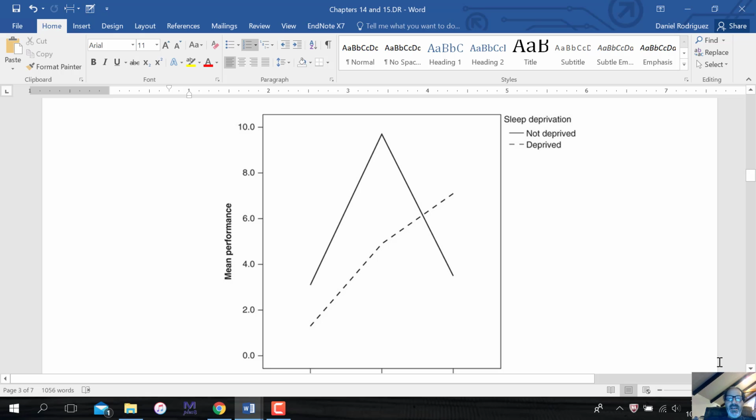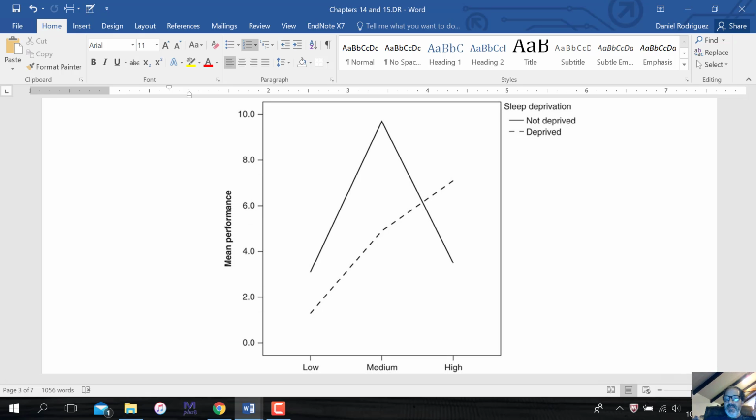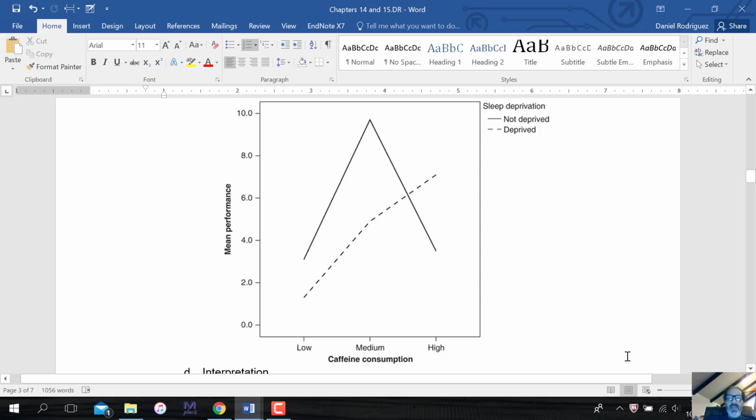Here is what I mean by a, let me make this a little smaller. Okay, this is what I mean by a crossing of the lines. So the question was, is there a main effect for caffeine consumption? Is there a main effect for sleep deprivation? Well, we already answered that question.